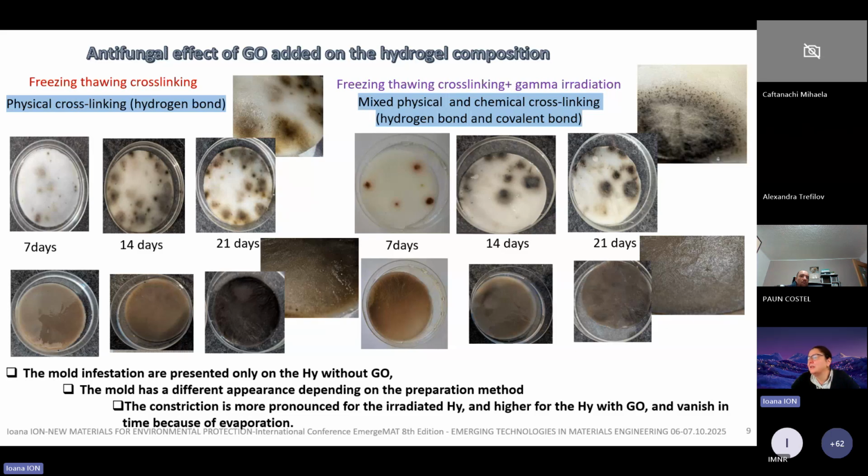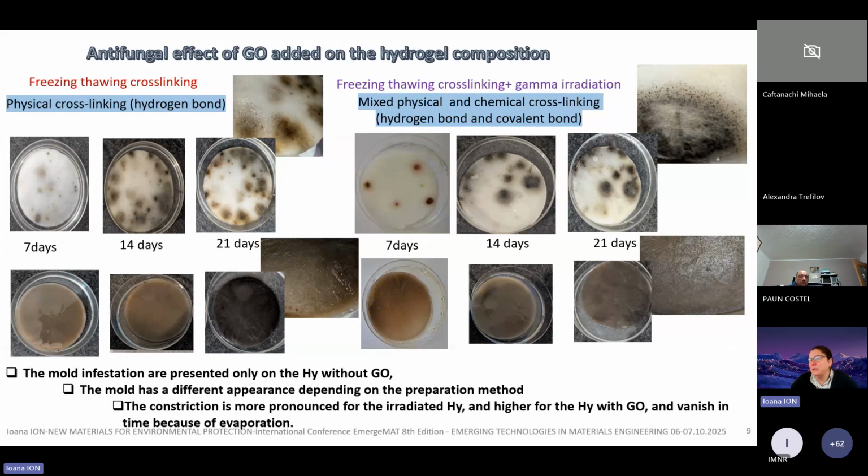The mold has a different appearance depending on the preparation method of the hydrogel. The constriction is more pronounced for the irradiated hydrogel and higher for the hydrogel with graphene oxide, and vanishes in time because of evaporation.